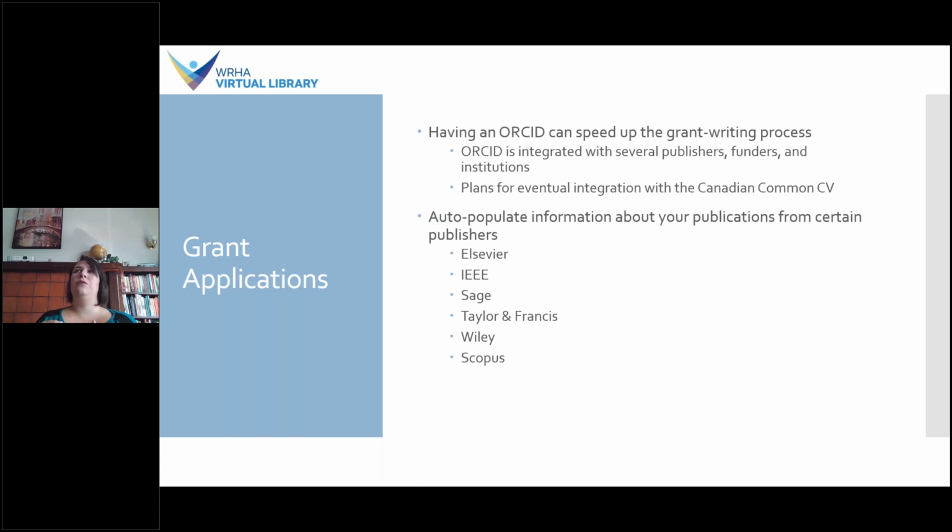So if you've published something and it appears in, say, an Elsevier journal, or something that appears in Scopus, if you've linked your ORCID to, say, your Scopus or to your account in Elsevier, then when that publication comes out, it will automatically be ported into your ORCID.